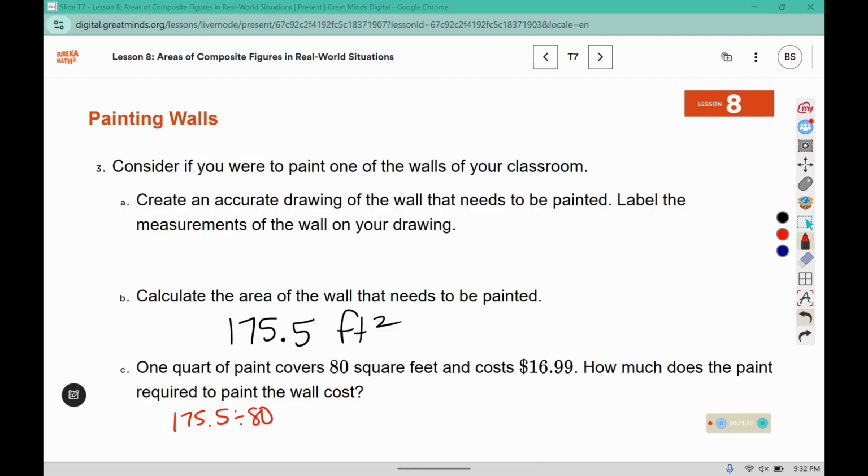If we divide this answer by 80, we get approximately 2.194. But the problem is, we can't just buy 0.19 of a quart. We have to buy them in its entirety. So even if we're only going to use a little bit of the can of paint, we still have to buy 3 cans of paint.